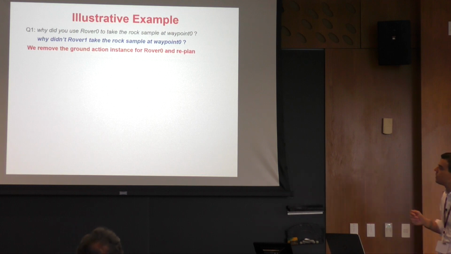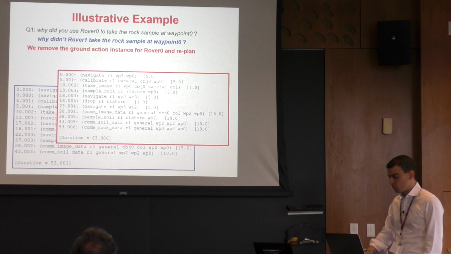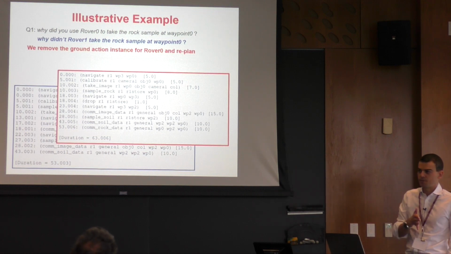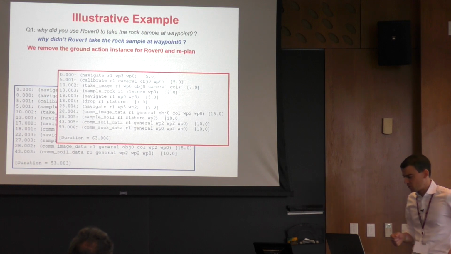In this case, we removed the ground action for rover 0, so that the planner cannot use rover 0 for taking the rock sample, and we replan. What we find is a plan which is longer than what we had before. So this is a step forward in explaining why rover 0 was better than rover 1.